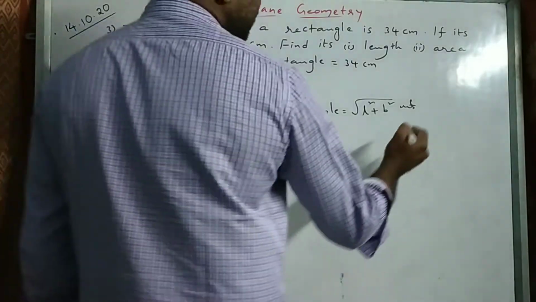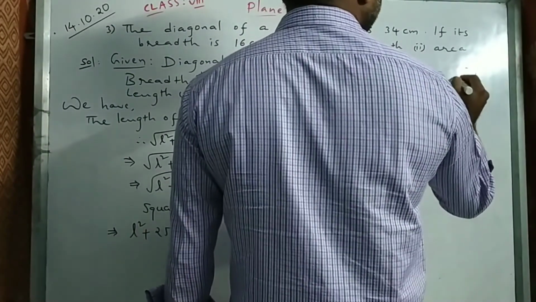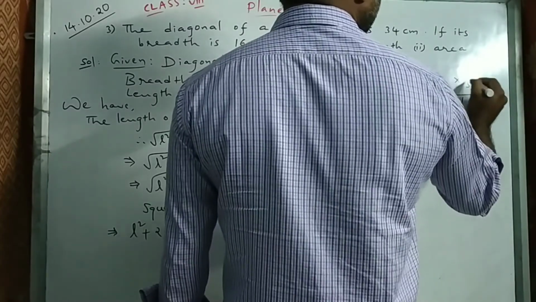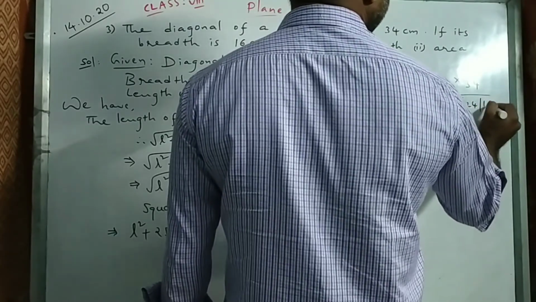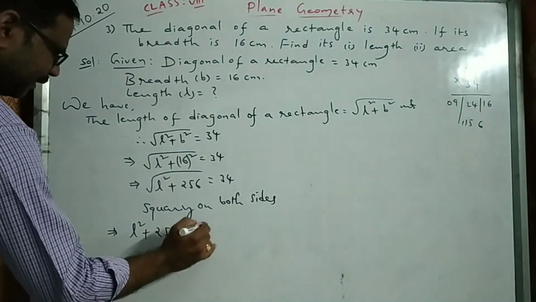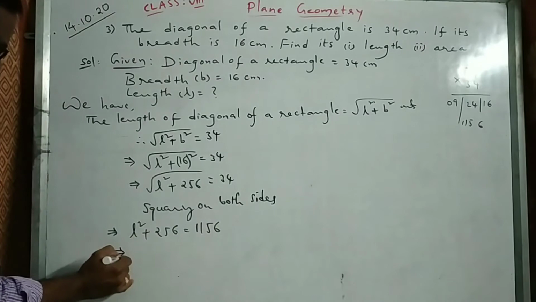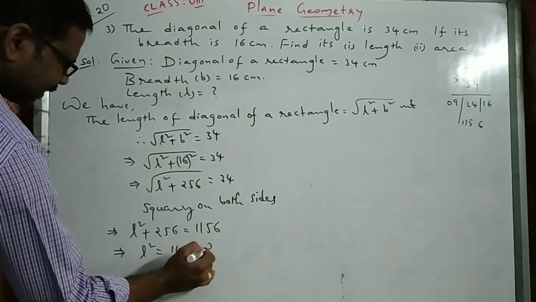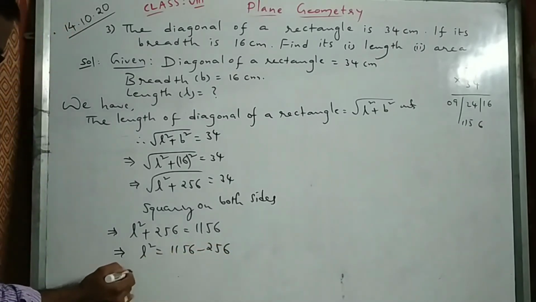34 34s are 34 into 34. How much? 3 3 is 9. 12 plus 12, 24, 16. 6, 5, 11. 11, 56. So L square equal to 1156, plus 256 send that side, minus 256.